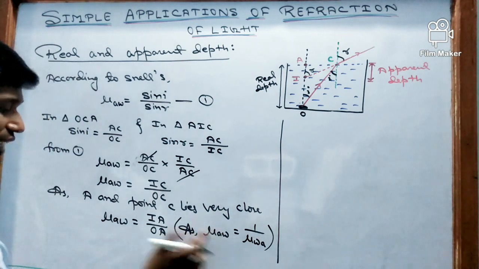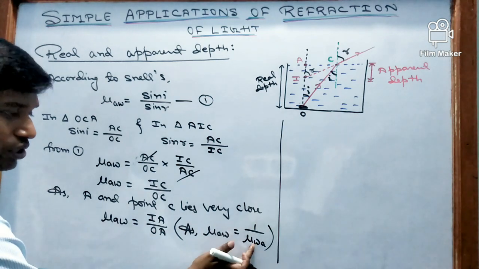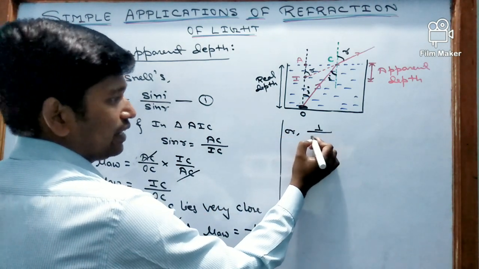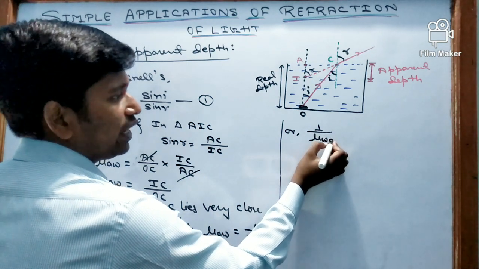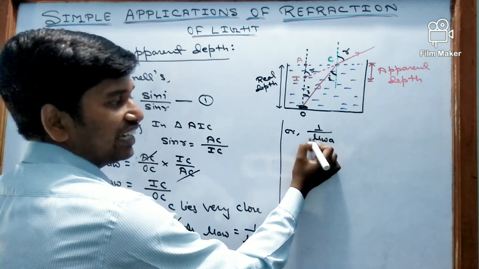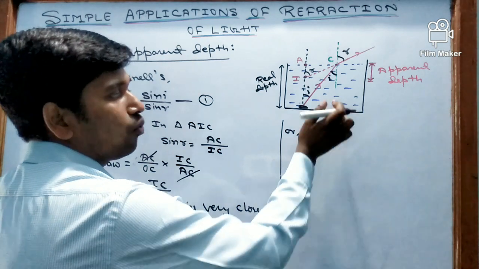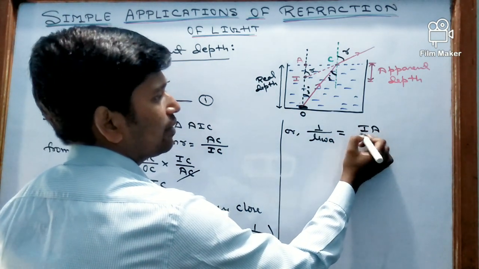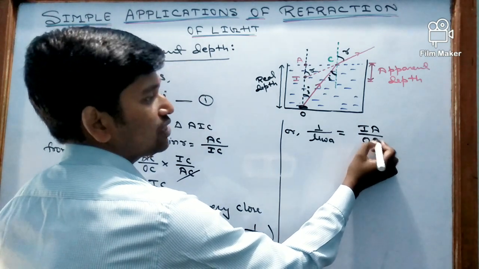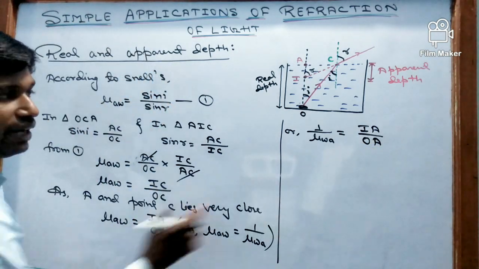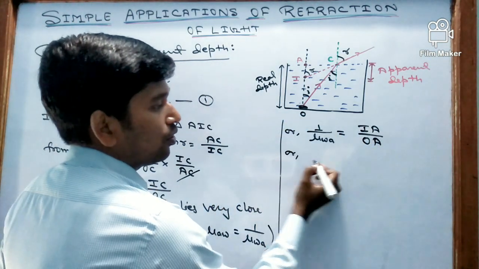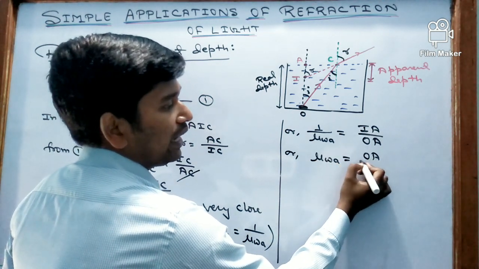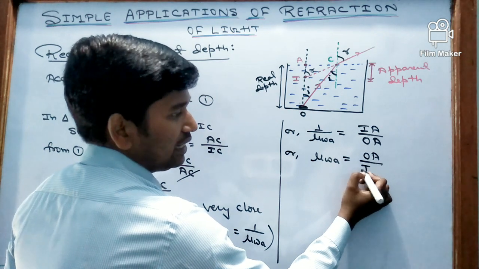So at the place of this we can substitute this value, and we can write 1 by mu WA, the relative refractive index of water, is equal to IA by OA, or mu WA is equal to OA by IA.